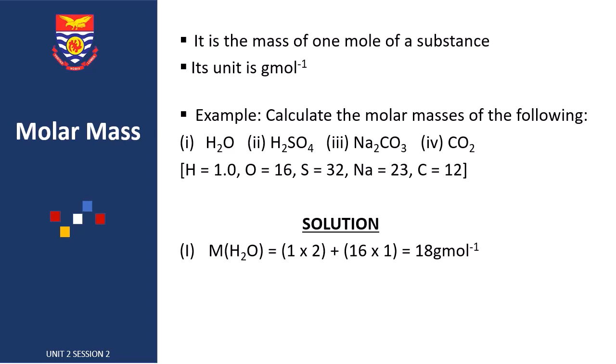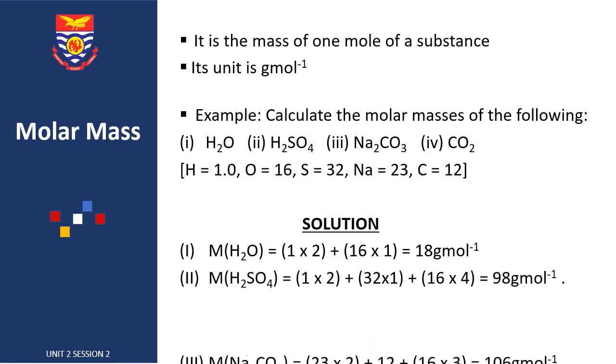Then we multiply it by the number of hydrogen atoms present. In this case, we have 2. So we are done with the hydrogen. Then we proceed with the oxygen. The atomic mass of oxygen, which is 16, times the number of atoms present, which is 1. And then we sum them together. Whatever we get is the molar mass of the water. And we can do the same for the rest of the examples.